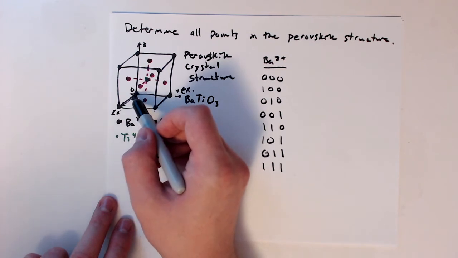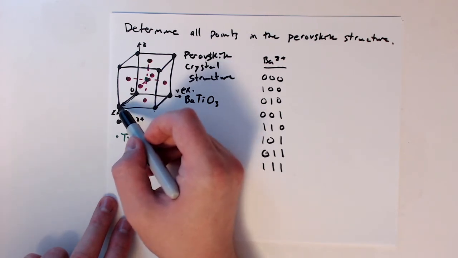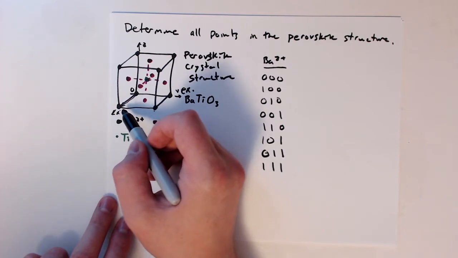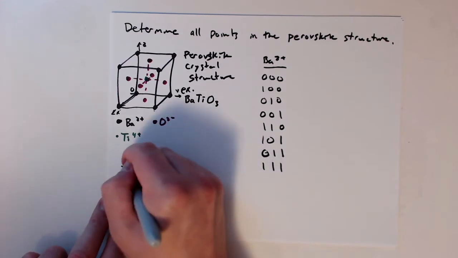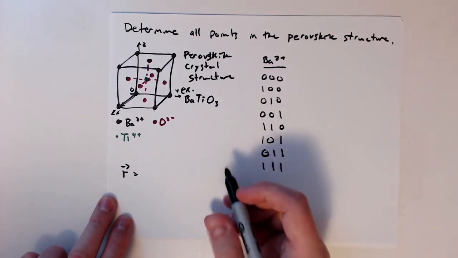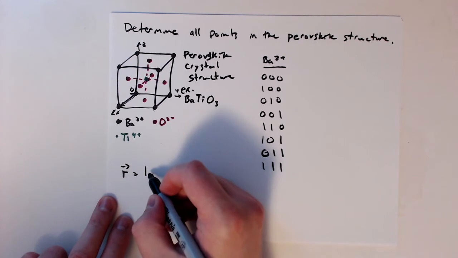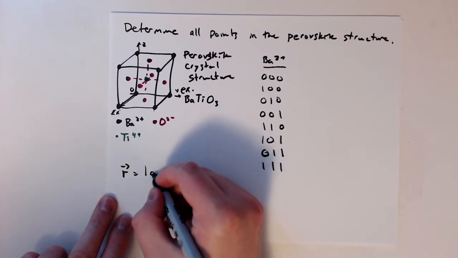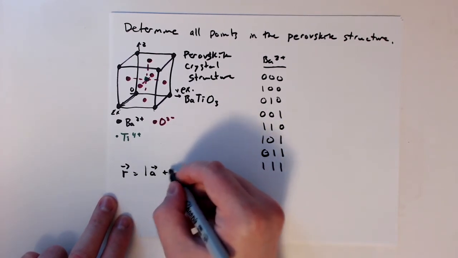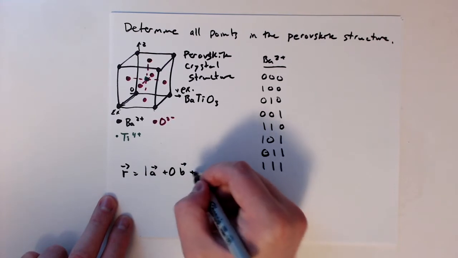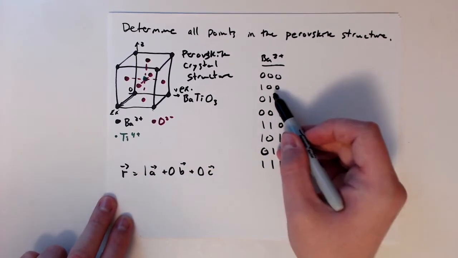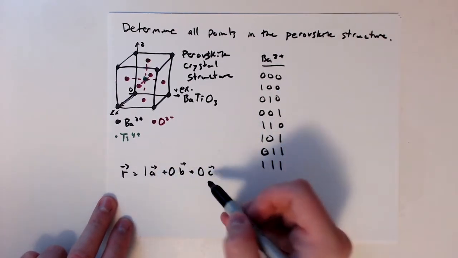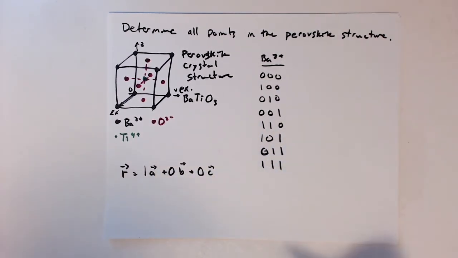In this case, it's 1 unit in the a vector, and then 0 in the other 2 vectors. So that r vector, if I want to write it out in full, would be 1 times the a direction plus 0 b plus 0 c, right? And so I would put 1, 0, 0, and that's where I get this. I'm only writing those integers down.